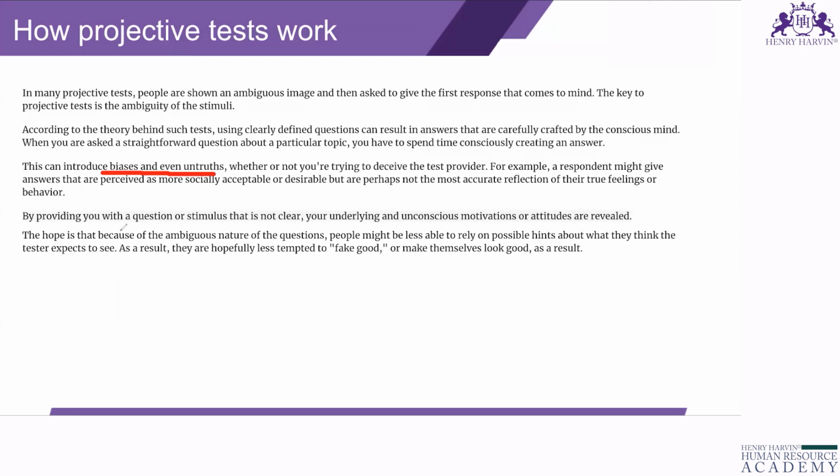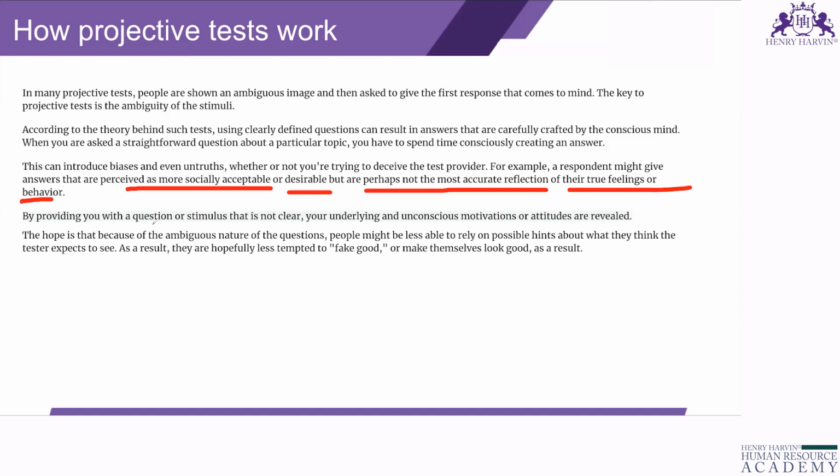So through these projective tests, what is actually the purpose is that unconsciously you are replying, right? So all those are unconscious, whether or not you're trying to deceive the test provider. For example, a respondent might give answers that are perceived as more socially acceptable or desirable, but are perhaps not the most accurate reflection of their true feelings or behavior.